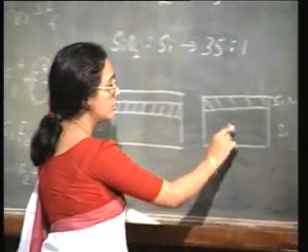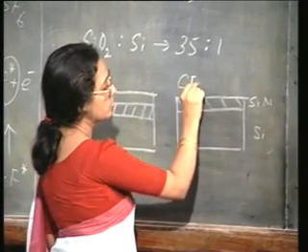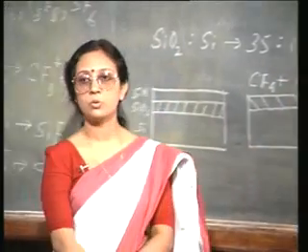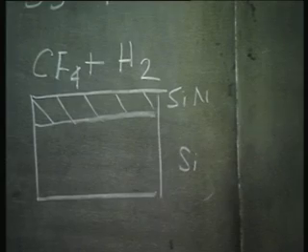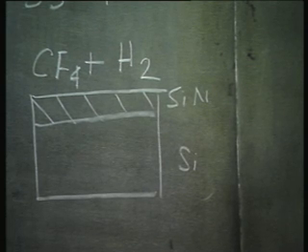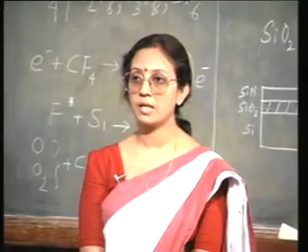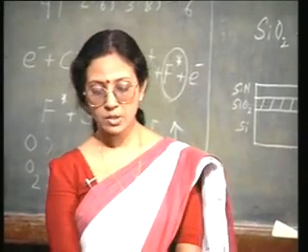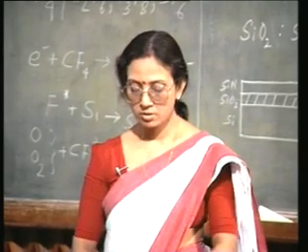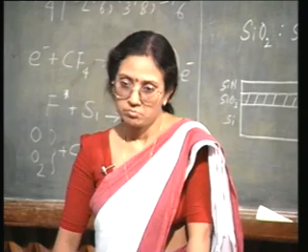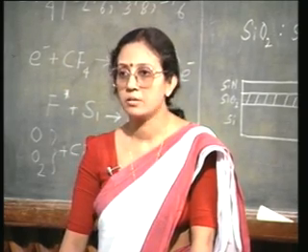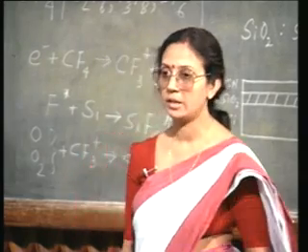So, if you have this kind of a composition, use CF4 plus hydrogen, that will give you good selectivity over silicon. If however, you want to have good selectivity over silicon dioxide, in that case probably you should use a feed gas with a little bit of chlorine in it, chlorine or ClF3 in it.